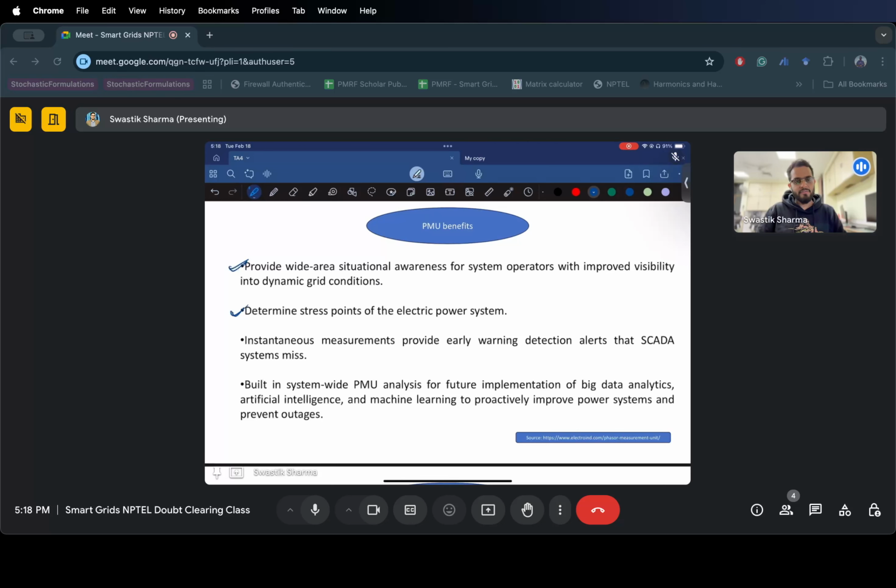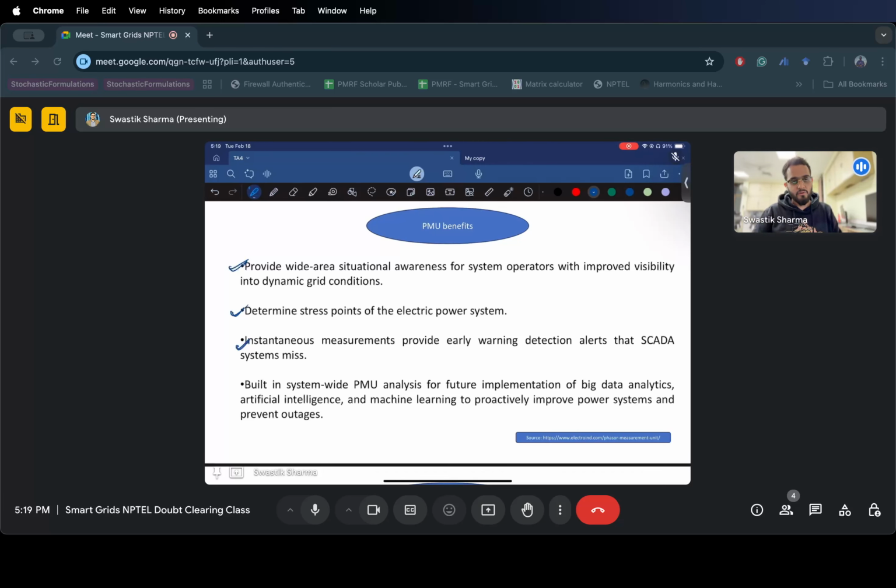And because they have this dynamic or transient observability, they can determine what stress points your electric power system can have, right? And because these are instantaneous in nature, you get much more resolution of data coming per second.